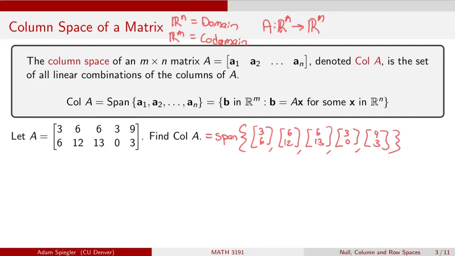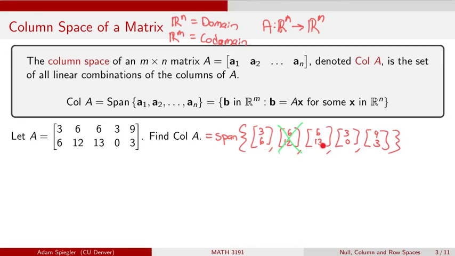So by eliminating this second vector in this set, this does not affect the number of vectors that we can get by taking linear combinations of the other 4 vectors. So I'm going to cross off this vector (6, 12) because I can see it's redundant with this first vector that we have.